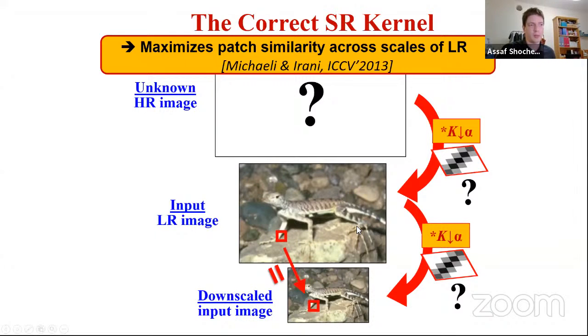Back in 2013, they were using this nearest neighbor approach. They downscale the image, and then they want the patches of the downscaled image to be as close as possible to their nearest neighbors in the original image, and then they can do this again and again. So they use this expectation maximization approach with nearest neighbors. And here's our approach.